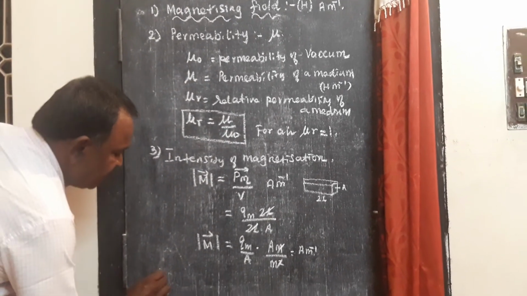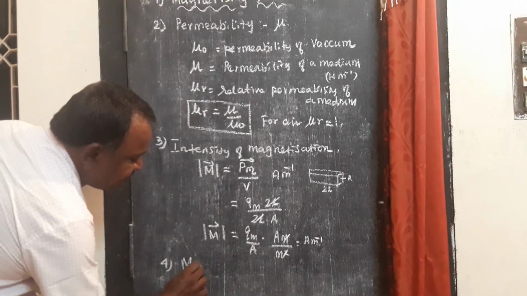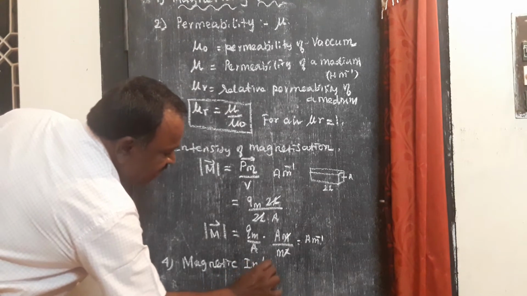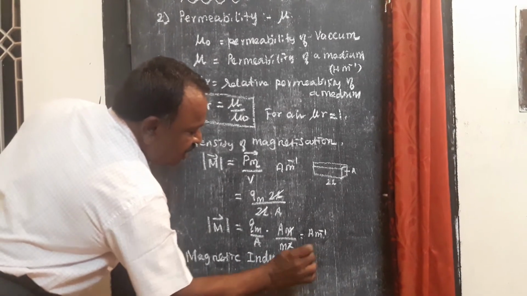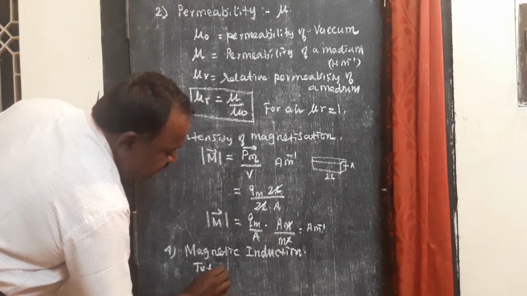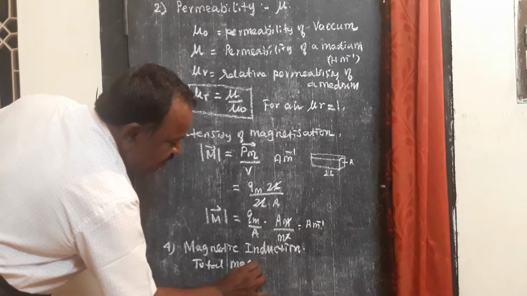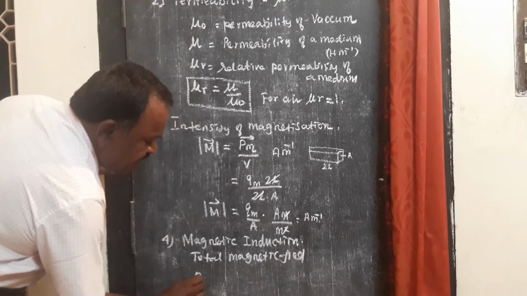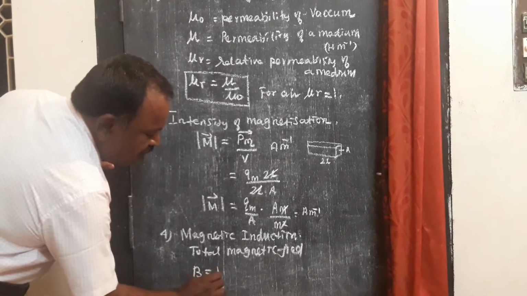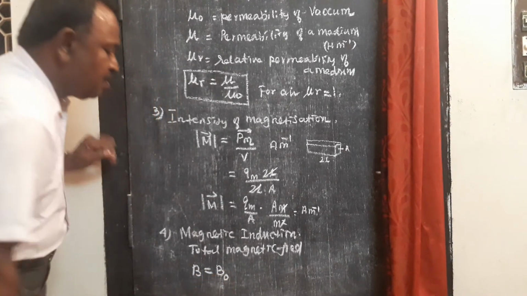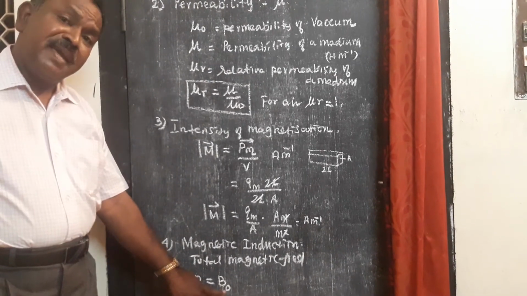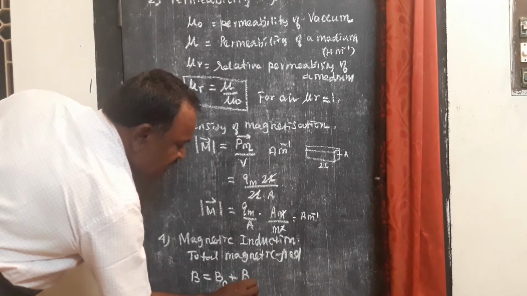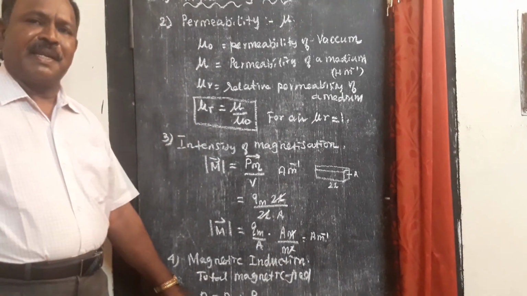Then the fourth one is the magnetic induction. Magnetic induction is also called the total magnetic field. So the total magnetic field B is equal to the sum of the magnetic field produced in air or vacuum by the external magnetic field plus the induced magnetic field inside the specimen.